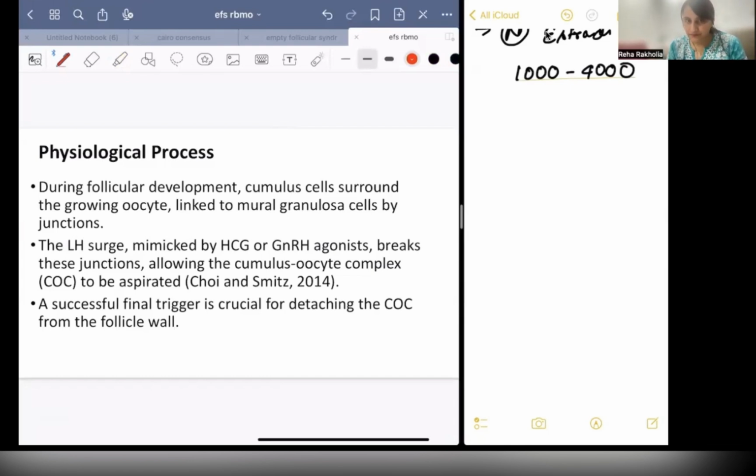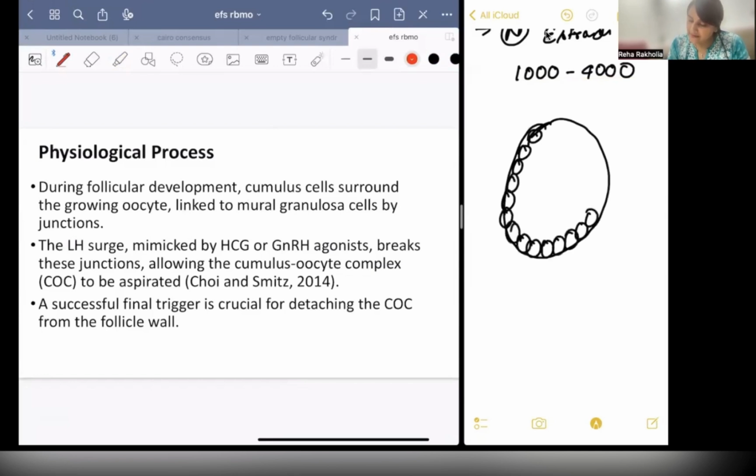This is a follicle. These are mural granulosa cells, and around the oocyte there are cumulus cells.